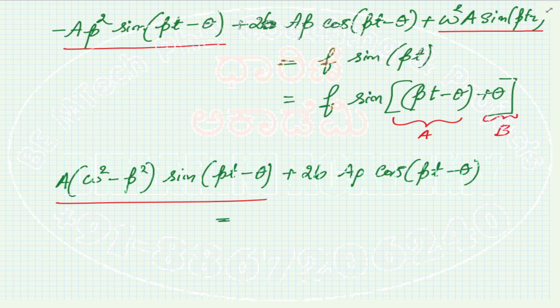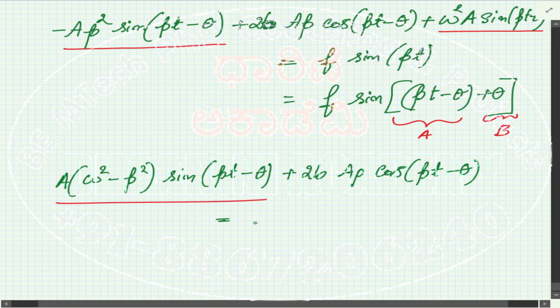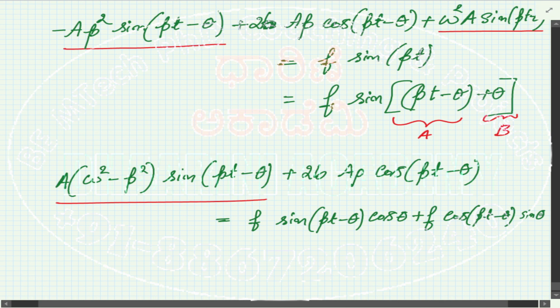So we'll write the f as it is into sine of the first function pt minus theta into cos theta, plus f into cos of the first function cos of pt minus theta into sine theta.